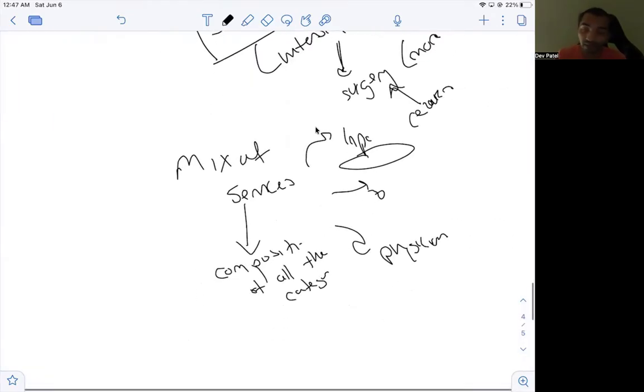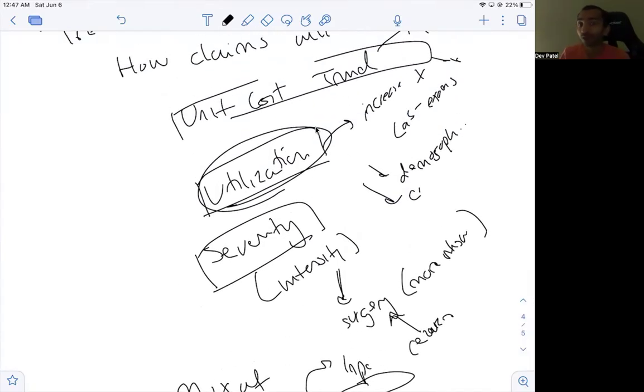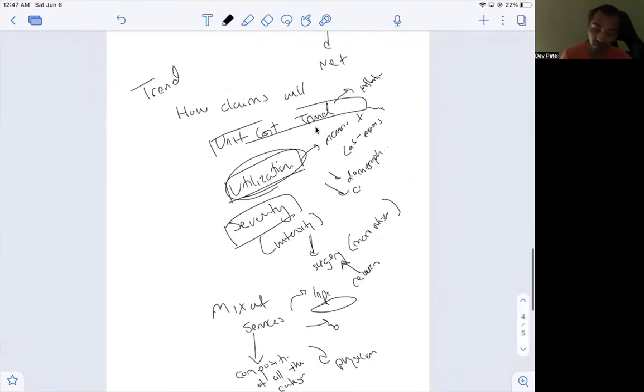So they may use inpatient or physician or some group of lab exams more in a certain year compared to others. And then that will also influence utilization, but utilization is more given that certain lab exam will now be utilized more heavily in the future. So you have unit cost trend, utilization, severity, mix of services.